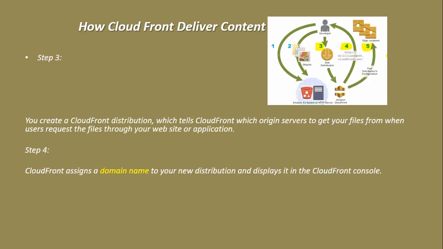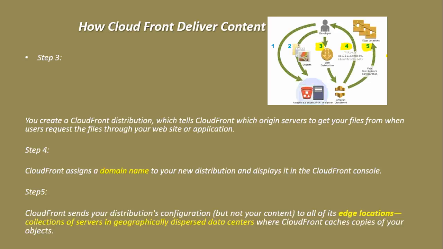So in step 4, CloudFront assigns a domain name like d111abcdf8.cloudfront.net, so that your images, whichever you place in either the S3 bucket or the HTTP server, get a working URL, so that when a user requests the file or the image through the edge locations, it can point through this domain name to that particular image.